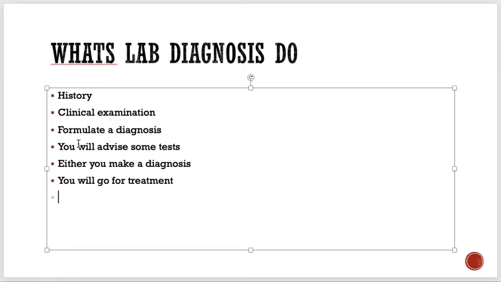Some of the tests are called diagnostic tests. What are diagnostic tests? They establish the presence of the disease without much doubt. Okay, and of course, that again depends on the same thing which I was talking about in the start, the sensitivity and the specificity of the test.